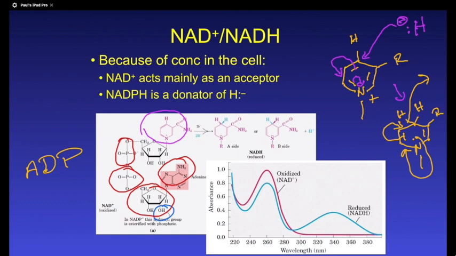Take a look at this experiment here. A lot of times we track either the production or the use of NADH, converting to NAD plus, and we do this using absorbance in the UV range.